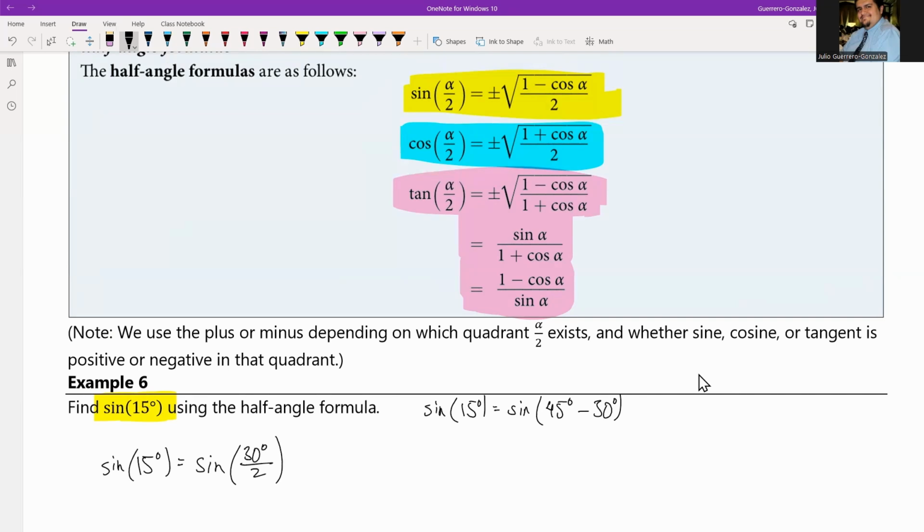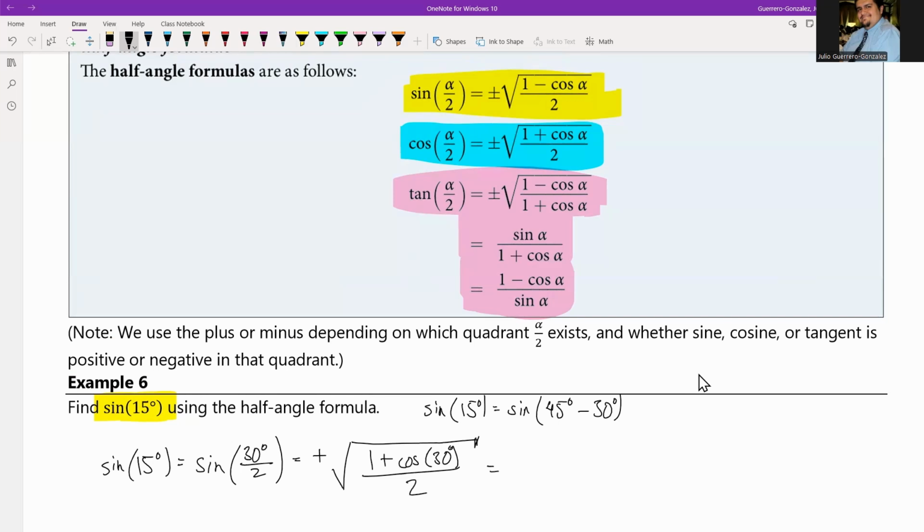Got it? So, bam, we need that one. Okay. This is going to be the positive because it's 15 degrees. That's in the first quadrant, right? 1 plus cosine of 30 degrees divided by 2.